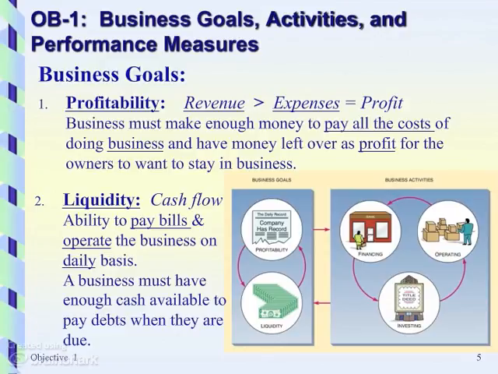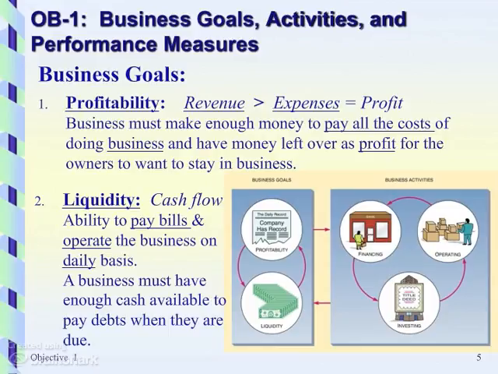The second goal of businesses is liquidity. This is essentially what we call cash flow. It's the ability to pay bills and operate the business on a daily basis. A business must have enough cash available when its bills come due to pay them. It's the same as you and I. We need to have liquidity.